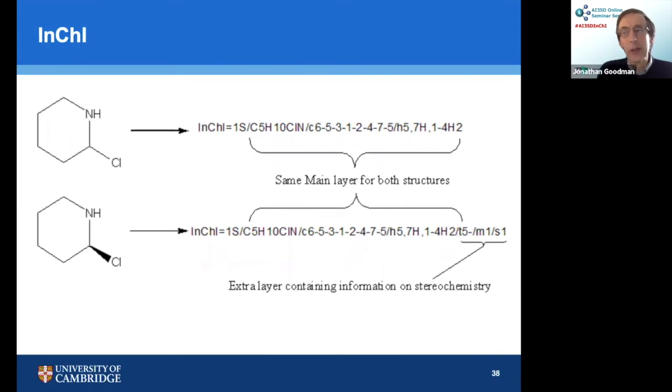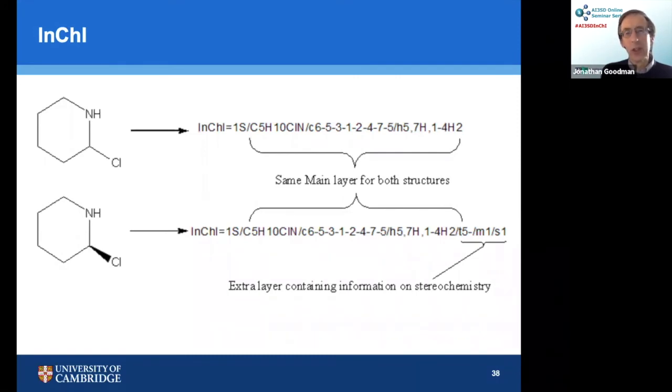And that's particularly useful for thinking about stereochemistry, because if we have a molecule which is presumably racemic, or one which has a defined stereogenic center, their InChIs are exactly the same, or at least the beginning of the InChI is exactly the same. The only difference is the one with the defined stereogenic center has extra layers defining what the stereogenic center is.